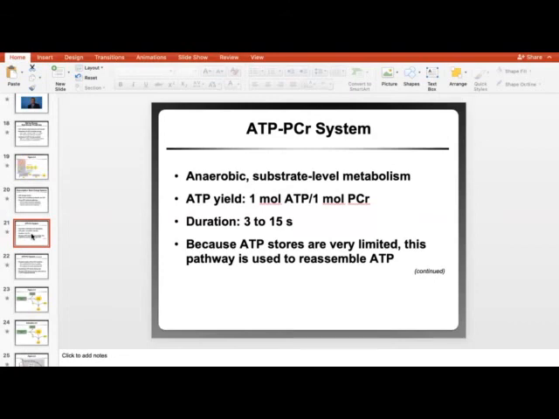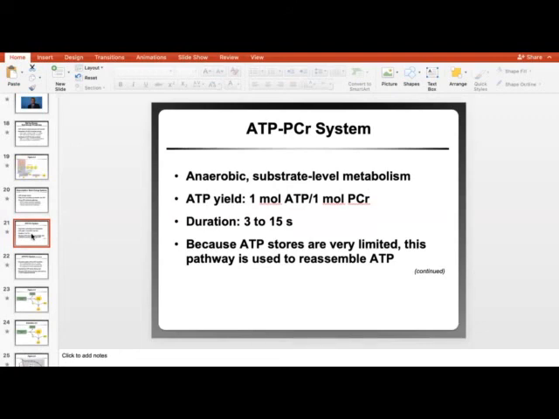So I can get ATP from what's called the phosphagen system or the phosphocreatine system. This phosphocreatine system doesn't require oxygen. All right, so if I'm holding my breath and doing 5 jumping jacks, then most likely I'm using this ATP phosphocreatine system.